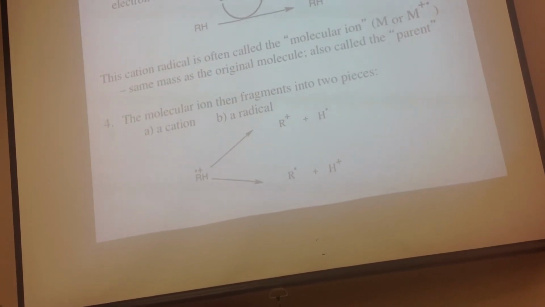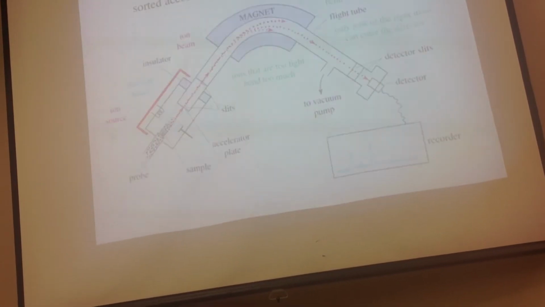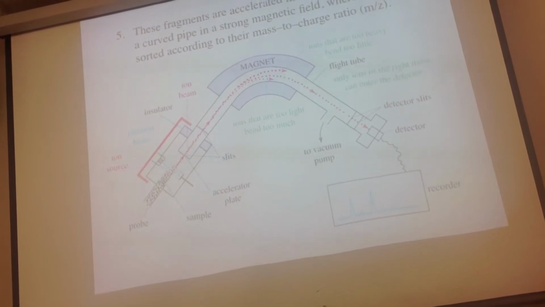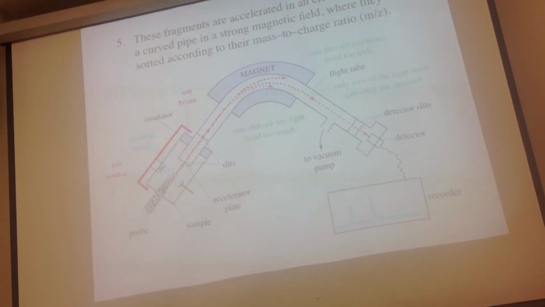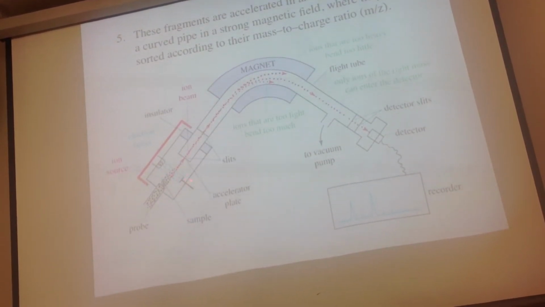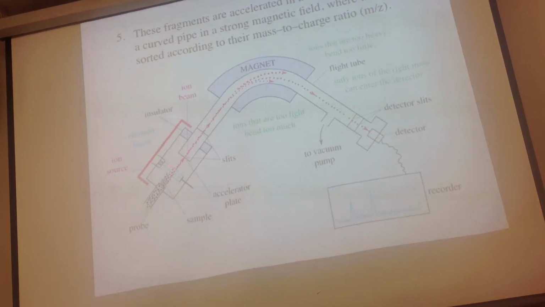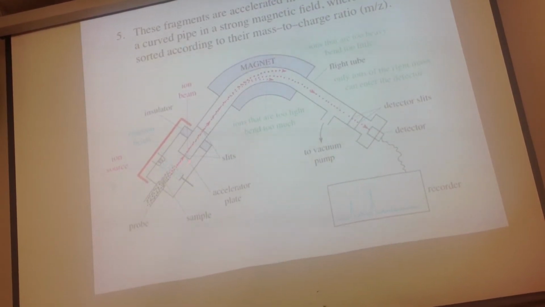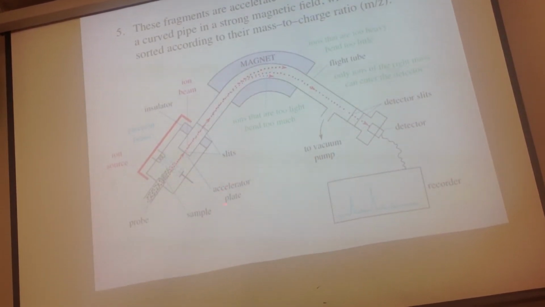All right, so going back to our instrument, sort of pinpoint where we are. So we have flown through the beam of electrons, and then we got the cation radical, which then goes through and gets accelerated.